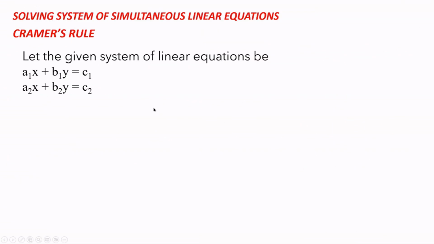Next we have solving a system of simultaneous linear equations using Cramer's rule. Let the given system of linear equations be a1x plus b1y equal to c1, a2x plus b2y equal to c2. We have the determinant delta as the determinant of the coefficient matrix, which is a1, b1, a2, b2.